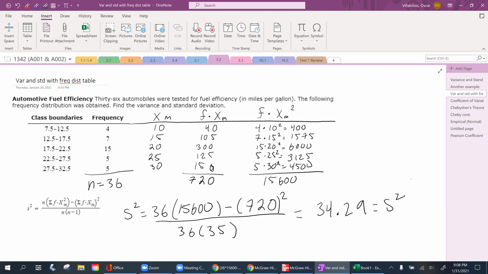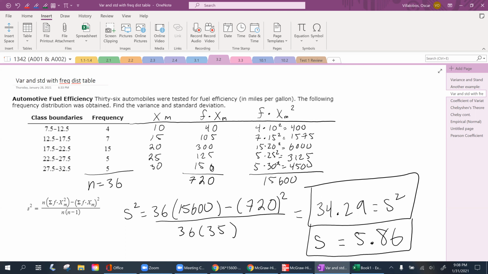And to find my standard deviation, this is going to be 34.29 taking the square root, meaning that my standard deviation is going to be 5.86. So this here is how you find the variance and standard deviation with a frequency distribution table. Now let's go ahead and move on to the next example.